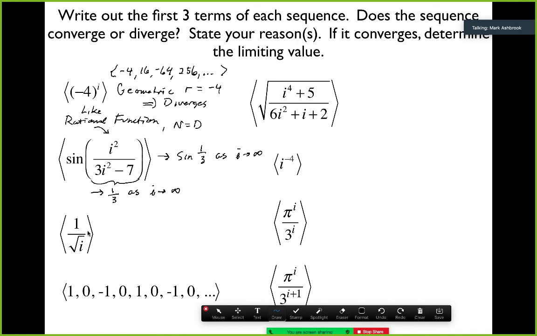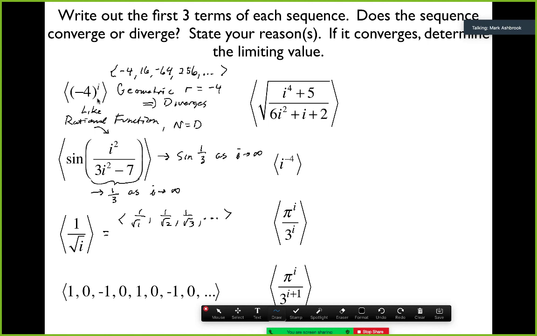Next one, 1/square root of i. So 1/square root of 1, 1/square root of 2, 1/square root of 3, etc. I'm sorry, really quickly. Did you say in the previous problem whether it was a p-series or geometric, or is it just called a rational function? It's not p-series or geometric.